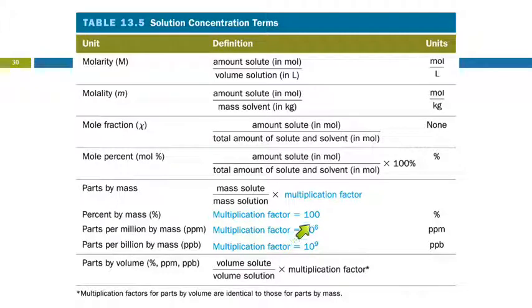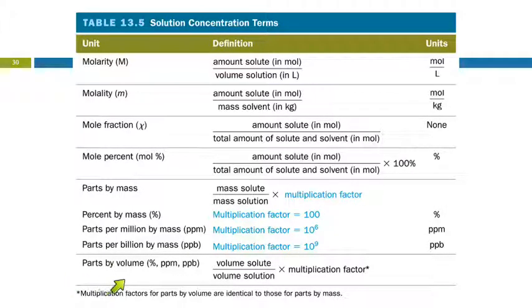Right? There's 100 pennies in a dollar. You multiply by 100 to get percent. You can get parts per million, abbreviated ppm. You multiply by a million. Parts per billion, it's the part over the whole times a billion, which is 10 to the 9. And so these are the units.